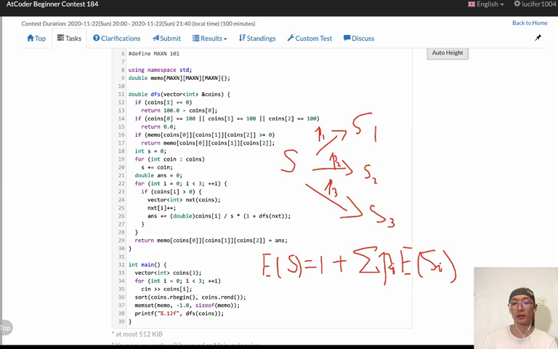Here we add 1 because in this turn we picked out one coin.